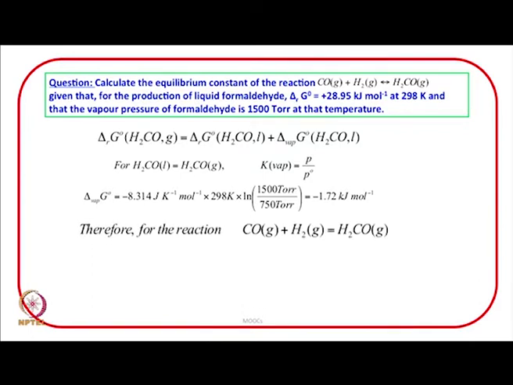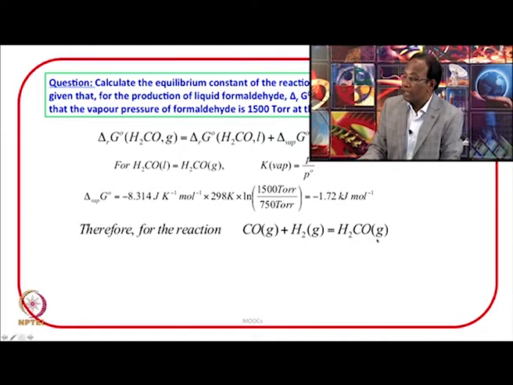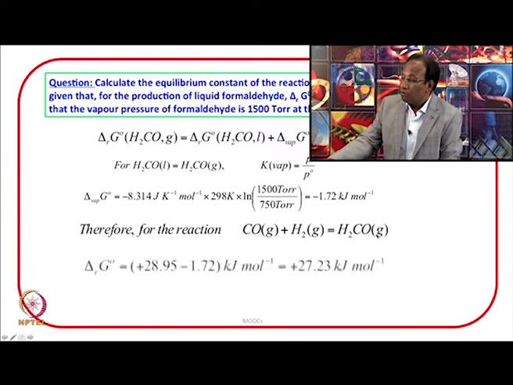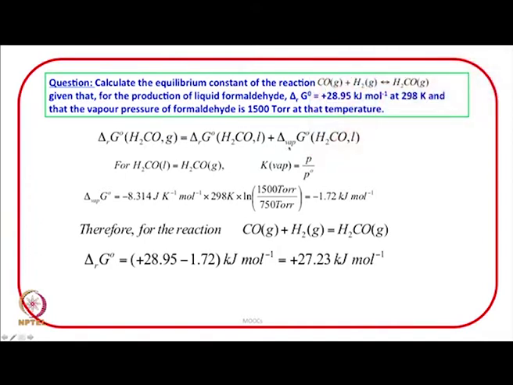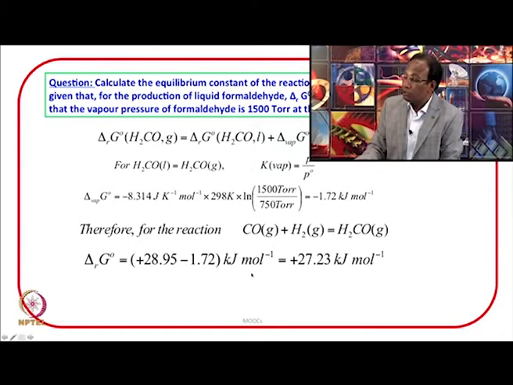Therefore, for the reaction carbon monoxide plus hydrogen forming H2CO gas, we use this equation and substitute the numbers. The standard Gibbs energy for H2CO liquid is 28.95 given, and the standard Gibbs energy change for the corresponding vaporization process is minus 1.72 kilojoules per mole.